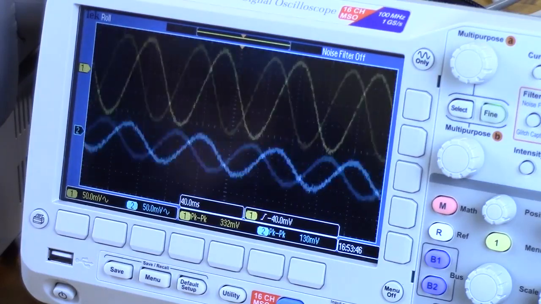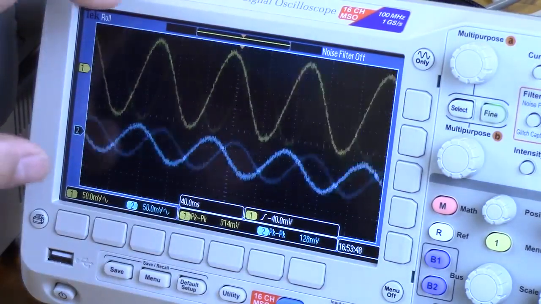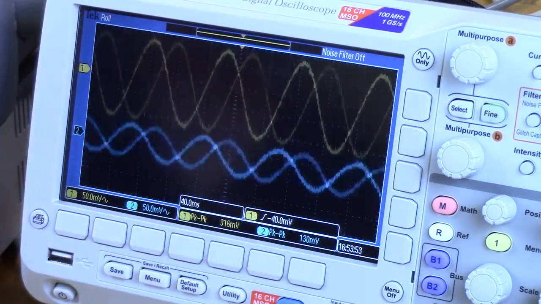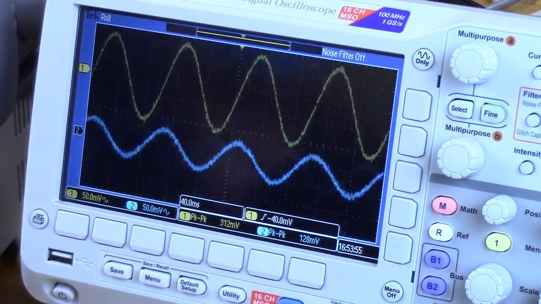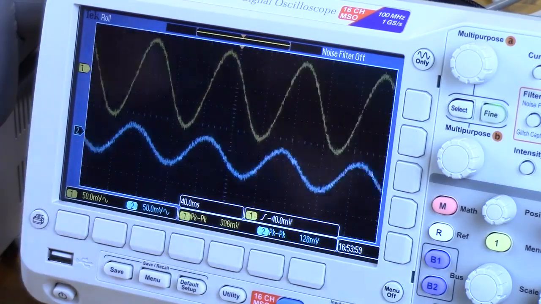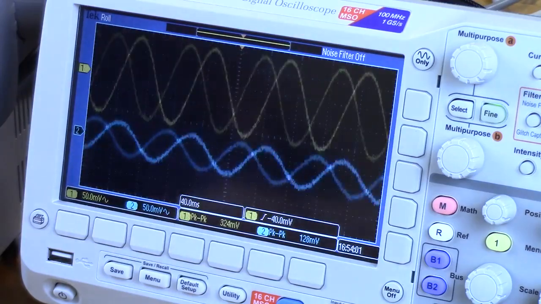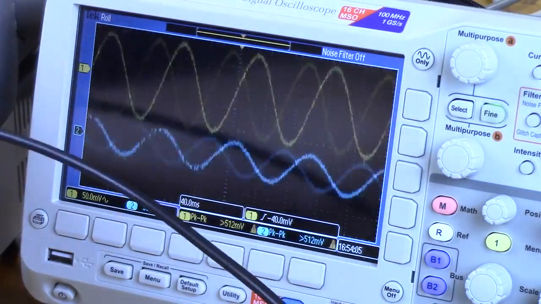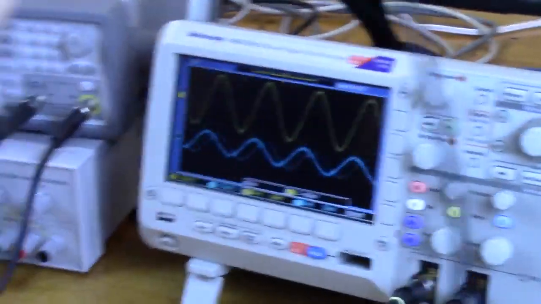So what we're going to do now, because the scope is not able to grab this waveform, it's too small, so we're going to do external triggering. That means we're going to use the sync output from here. We're going to run from the sync output over here, and the sync output just puts out a square wave to the auxiliary input over here.